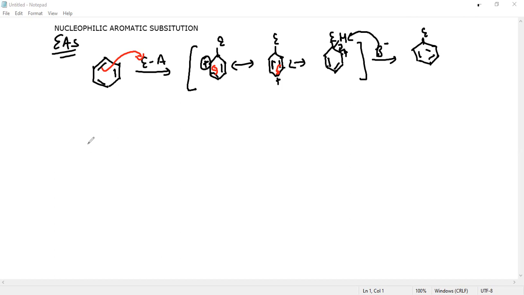And now today's topic is NAS, which is nucleophilic aromatic substitution. So what happens here is this: you have a benzene ring. So this is your NAS.